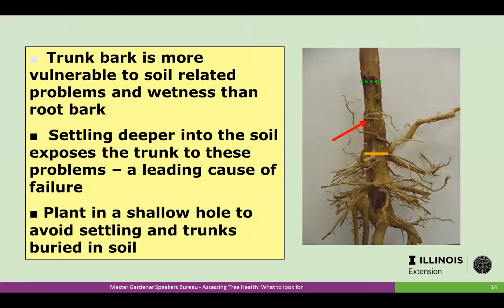But if you dig that hole so it's shallow on the sides, and then loosen the soil widely all around that shallow area, you'll end up setting your tree ball at the correct depth in that hole.